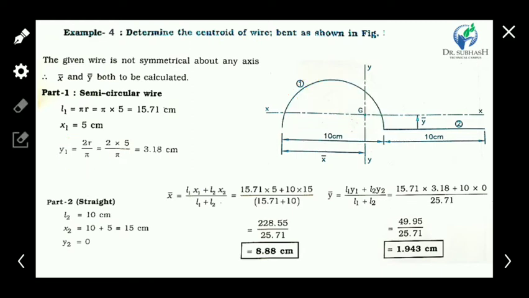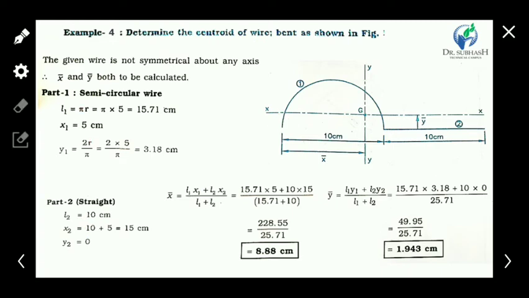So this equation you have to memorize. The arc CG's distance from the base is 2r upon pi, which we find to be 3.18 centimeter, and that is y1. This point is the reference point from where we have calculated x1, y1, x2, y2.